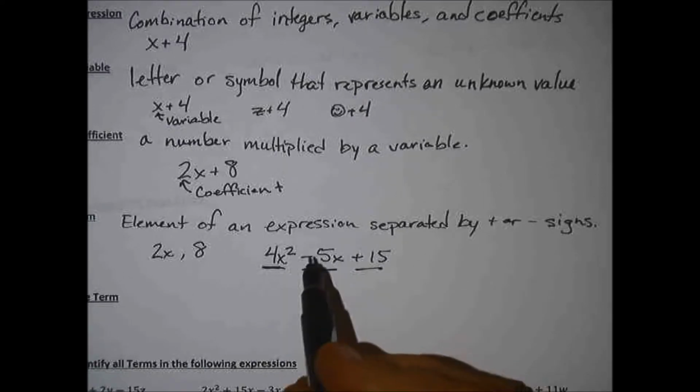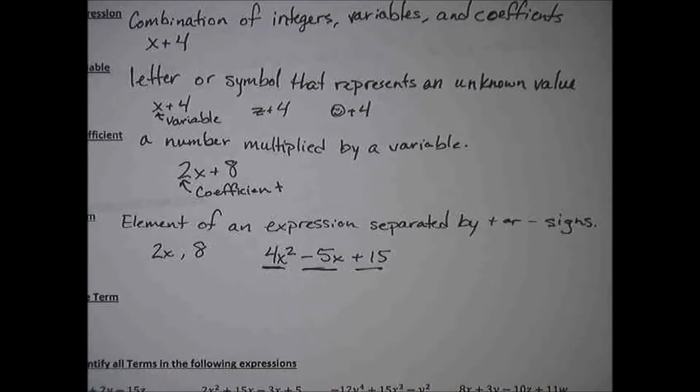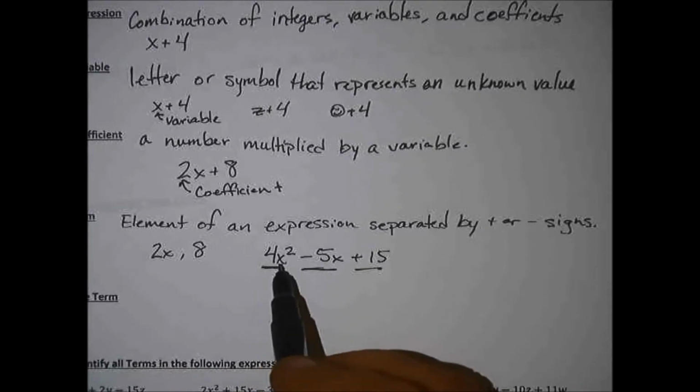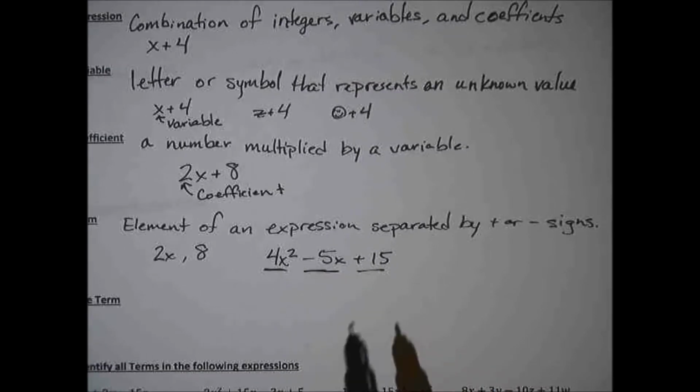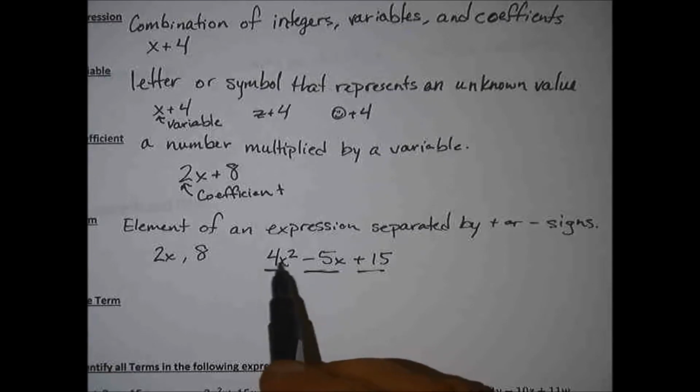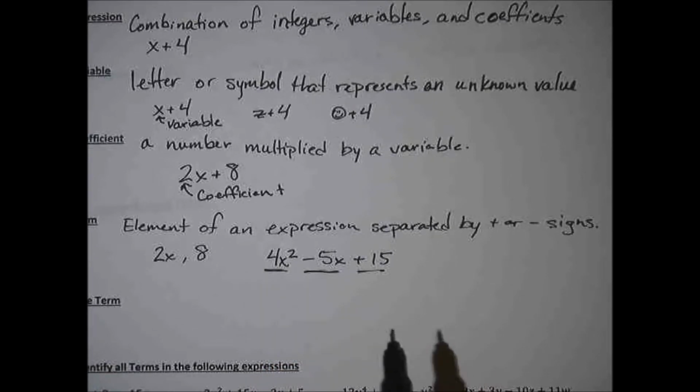Otherwise, I might lose this minus sign if I don't think of that as a negative 5x. Remember, the difference between negative and minus, not a big difference at all. In fact, we'll just consider them one and the same. So I'm looking for a term being a coefficient, a variable, and a power if necessary. So coefficient, variable, exponent, those groups are going to be all the terms.